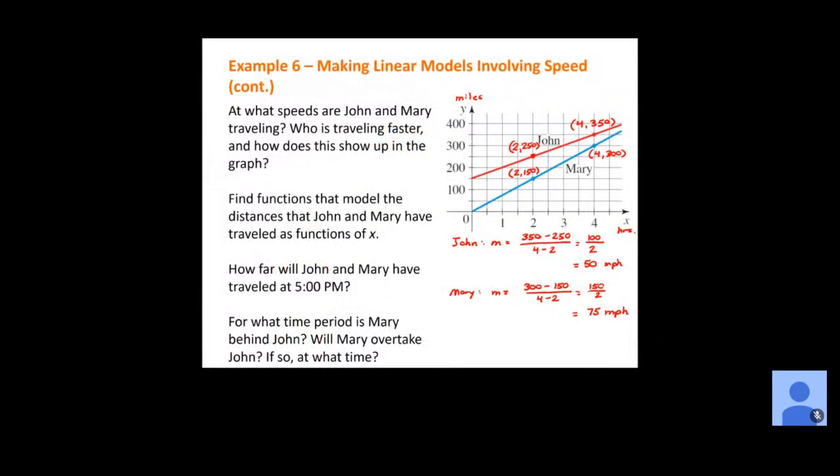All right. So if we want to find a function that models John's behavior this time, right? So let's think about what we know in this case. So our x-axis represents the number of hours. We know the y-axis represents the miles that have been traveled, right? So how could we write a function here to model his distance traveled over time?